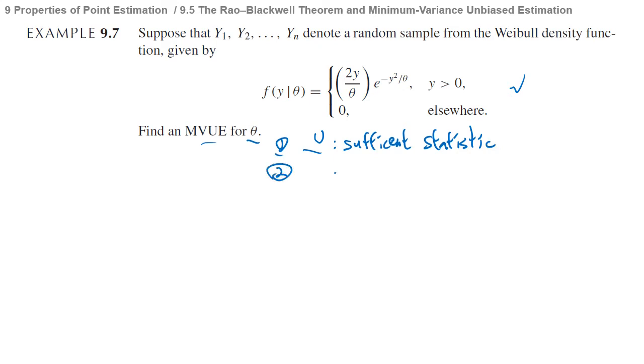Second, we need an unbiased estimator that is a function of U, where the expected value of f of U is zeta. And then f of U is the MVUE.